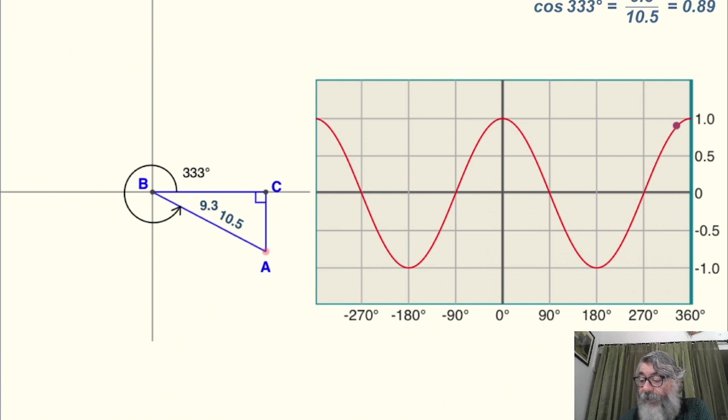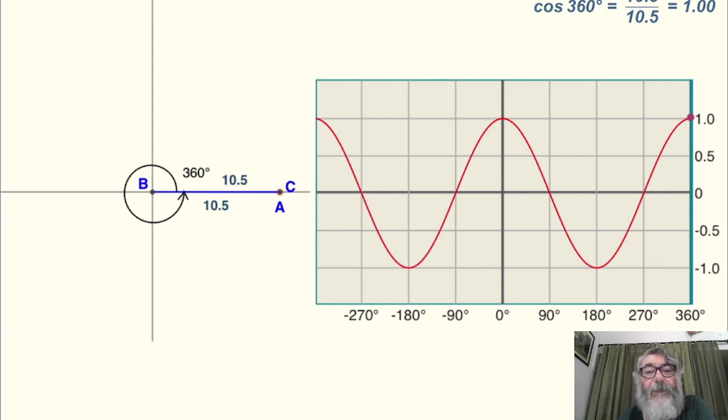So when it reaches 360 degrees again, that means base and hypotenuse will again become the same. So base upon hypotenuse will become 1.